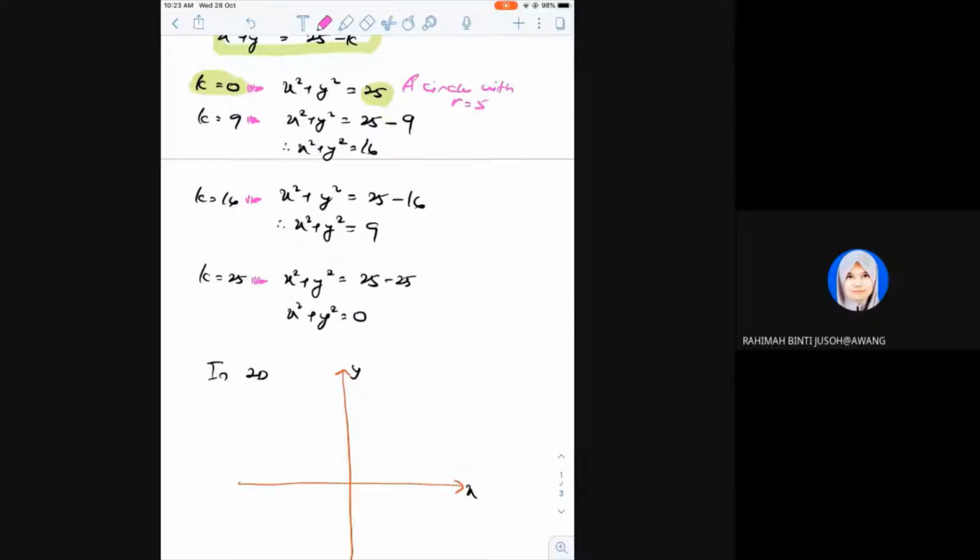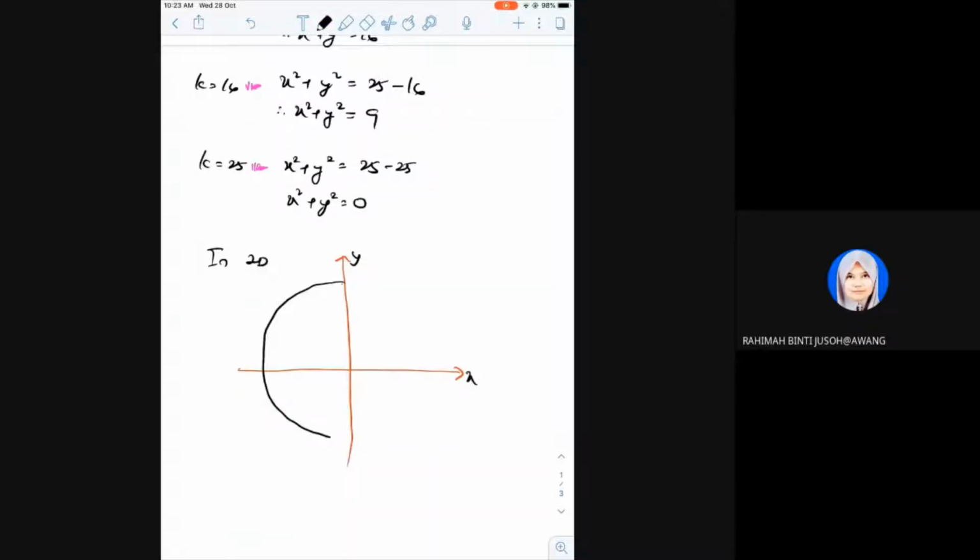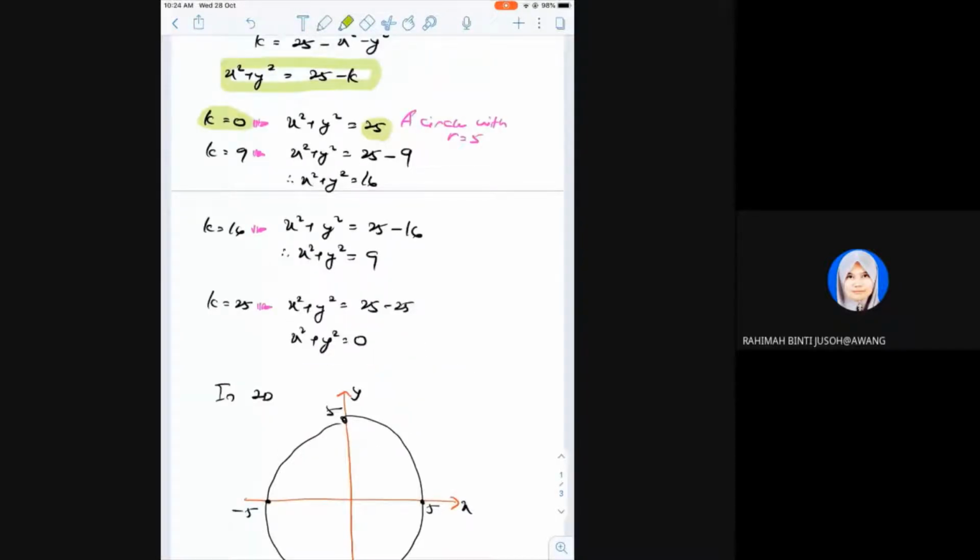So let us plot the first circle like this. Here is 5, right here is 5, here should be negative 5, at the bottom here should be negative 5.